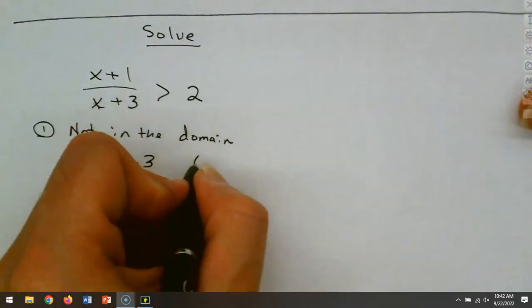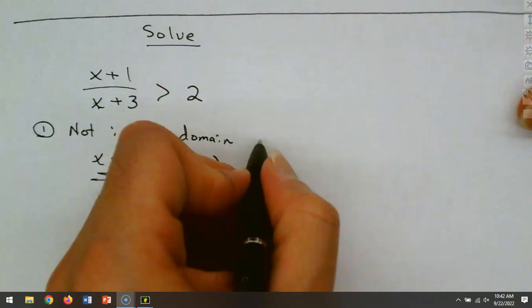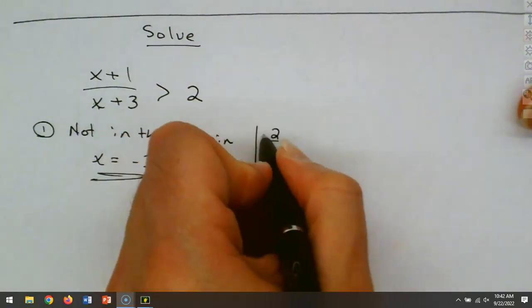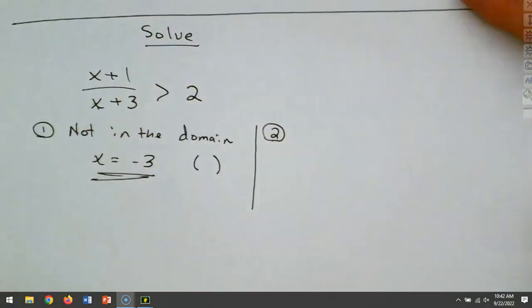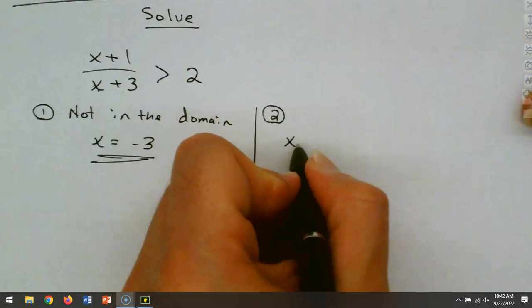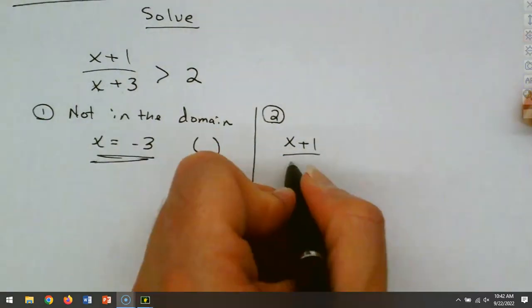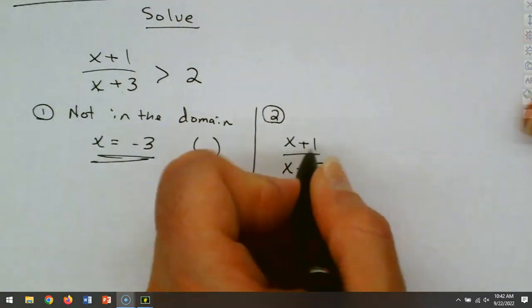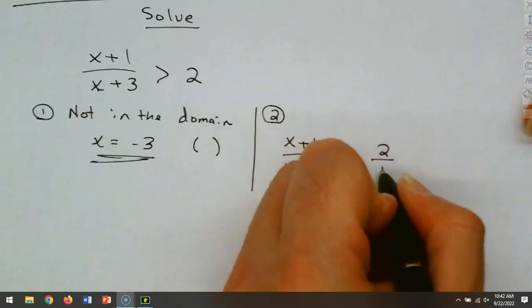And that gets parentheses. What about the other one? This one's going to give us 2 numbers, because we need to set it equal and solve it. So x plus 1 over x plus 3 equals 2. So I'm going to make that a 2 over 1.